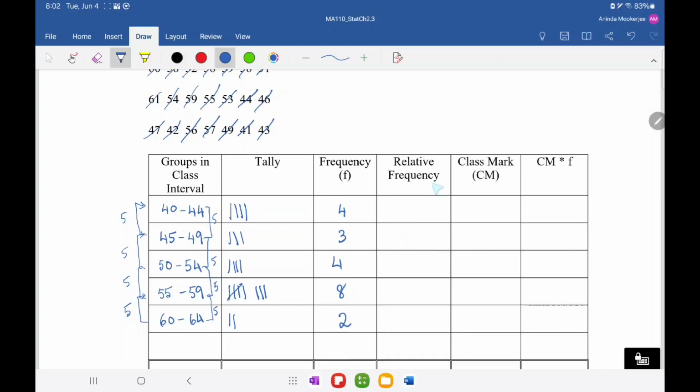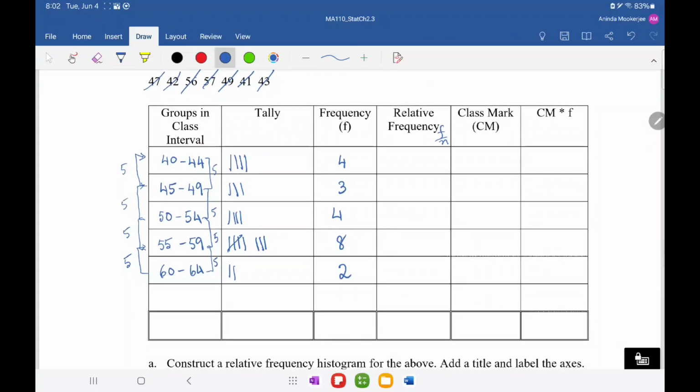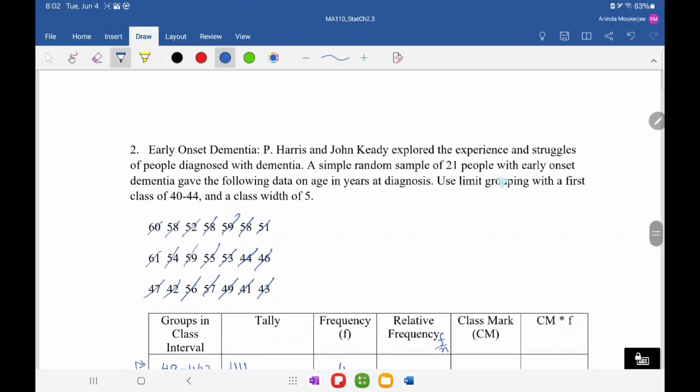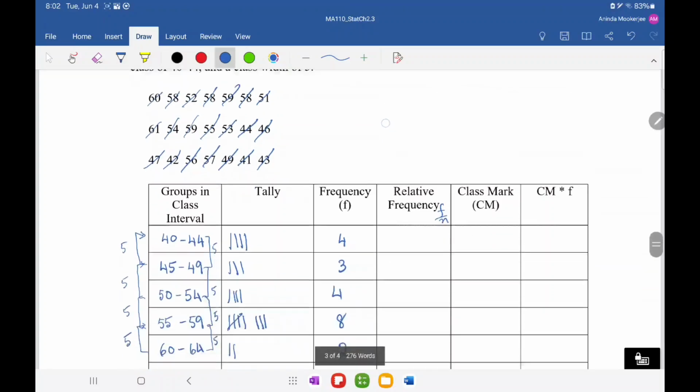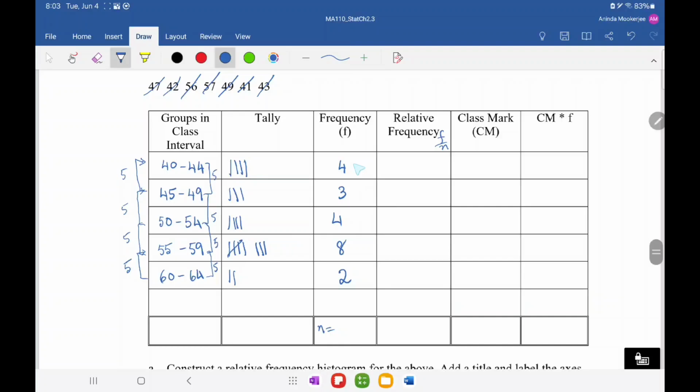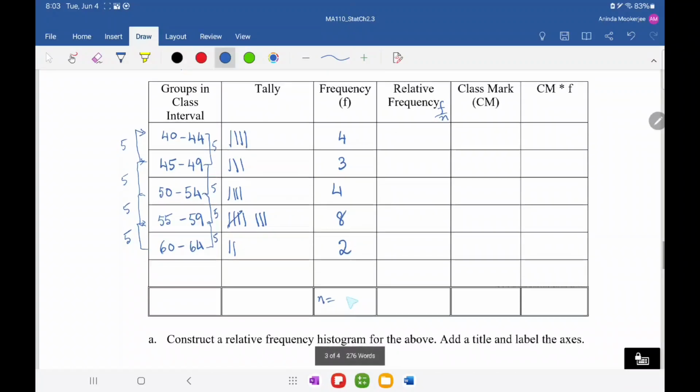So now we will be calculating the relative frequency in the next column, which goes with the formula F over N. Now we will need to sum up all our frequency values and make sure that we have an N value of 21. We had 7 times 3, 21. So just add up your frequency values. 4 plus 3, 7, plus 4, 11, 19, plus 2, 21. All right, so we have all that correct.